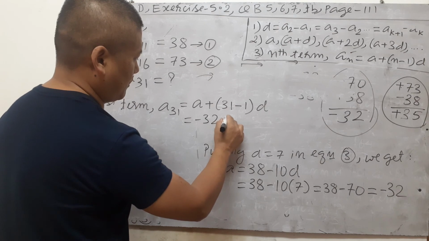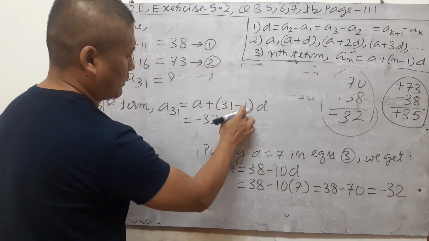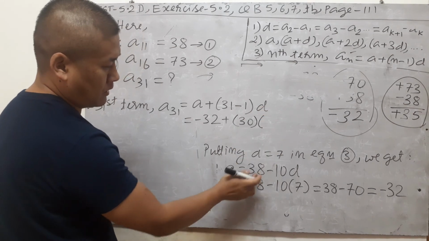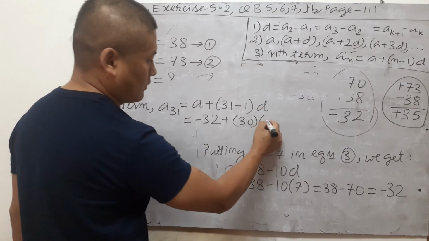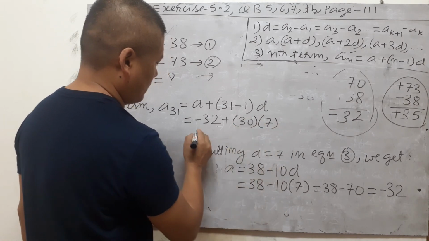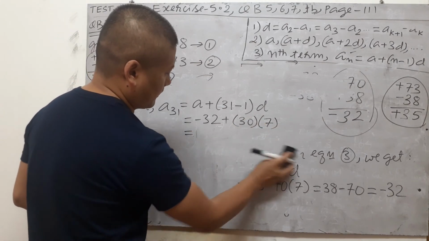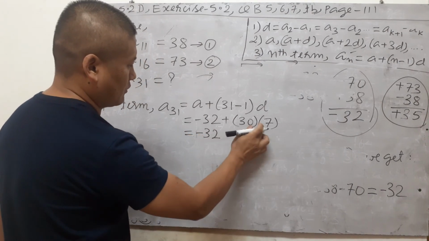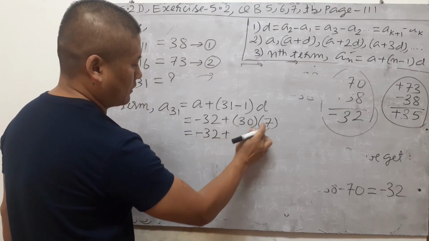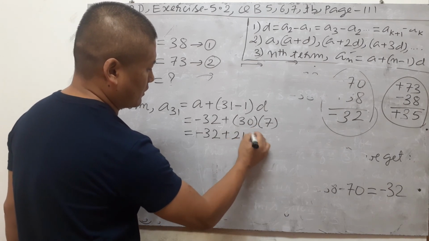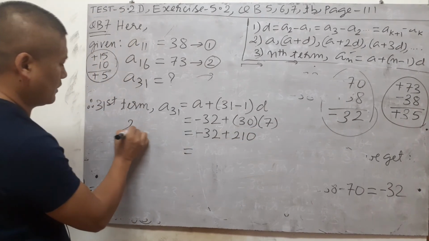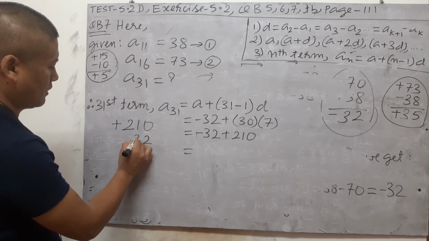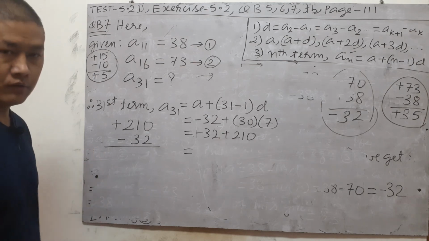plus 31 minus 1 is 30 into D here. We'll go D here, so 7. So you write here 7. So you're going to get here equal to minus 32, plus into plus is plus. 3 7s are 21, and this 0 you can just put it back. So bigger absolute value 210 having plus sign, and this smaller one having minus in front, so put it down.